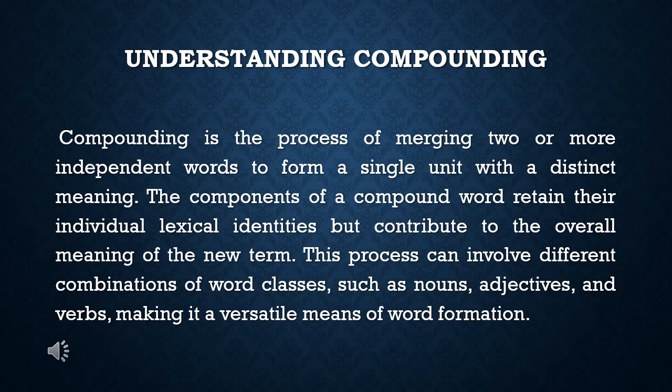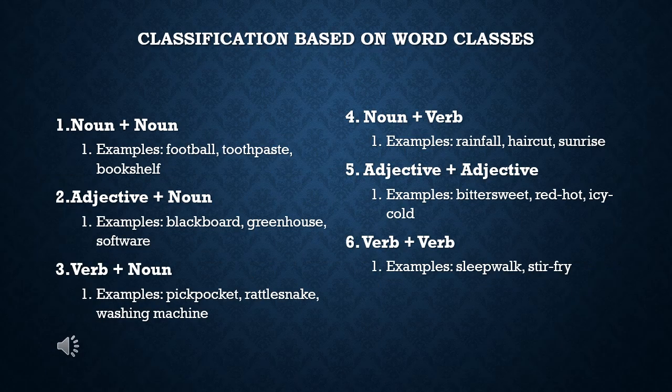This process can involve different combinations of word classes such as nouns, adjectives, verbs, making it a versatile means of word formation that we are going to discuss in the upcoming slides. In this slide, we are going to talk about the classification of compounding based on various word classes.